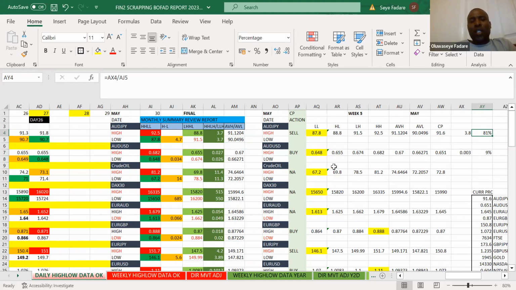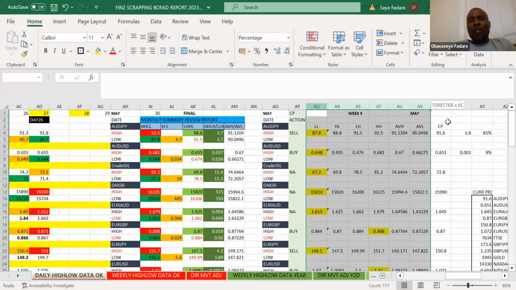So at this point here, you can see here we have the HHL, we have the HL. So we have so many reports, so many information here. But this is just the summary of this, which has been identified now into this period. Okay, so this is our lowest from inception.